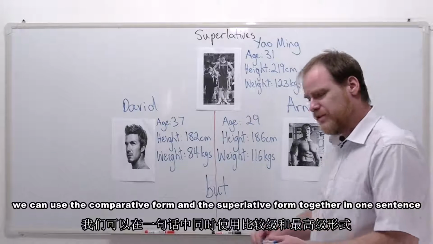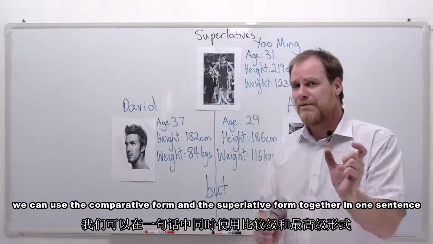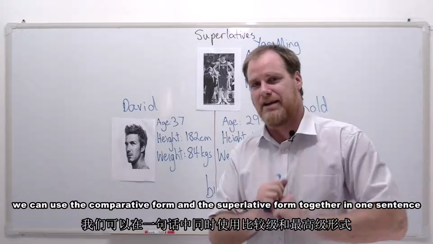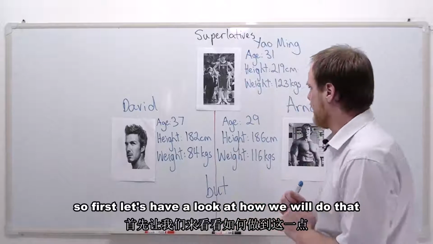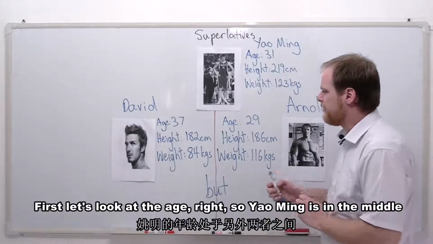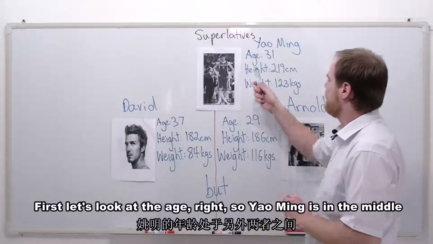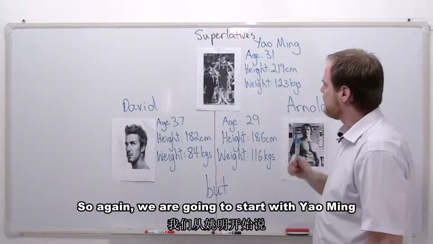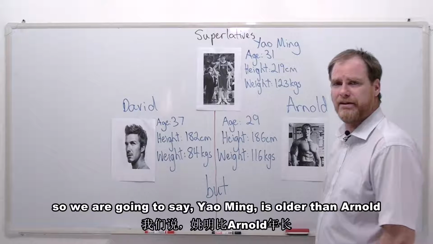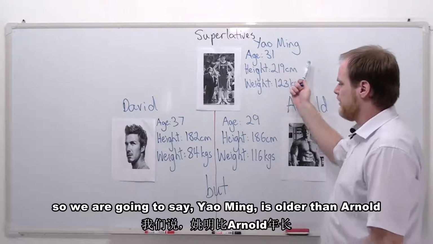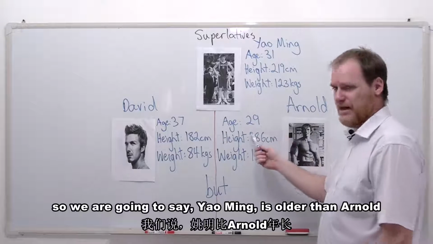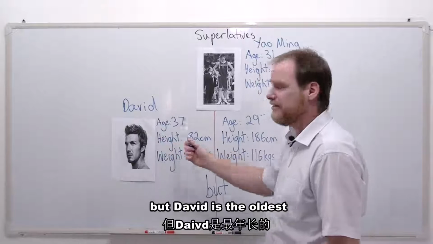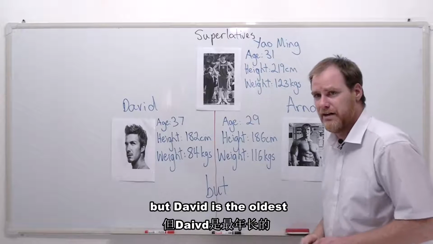We can use the comparative form and the superlative form together in the one sentence. Let's have a look at how we would do that. First, let's have a look at the age. Yao Ming is in the middle, so we're going to start with Yao Ming. We're going to say Yao Ming is older than Arnold, but David is the oldest, okay?